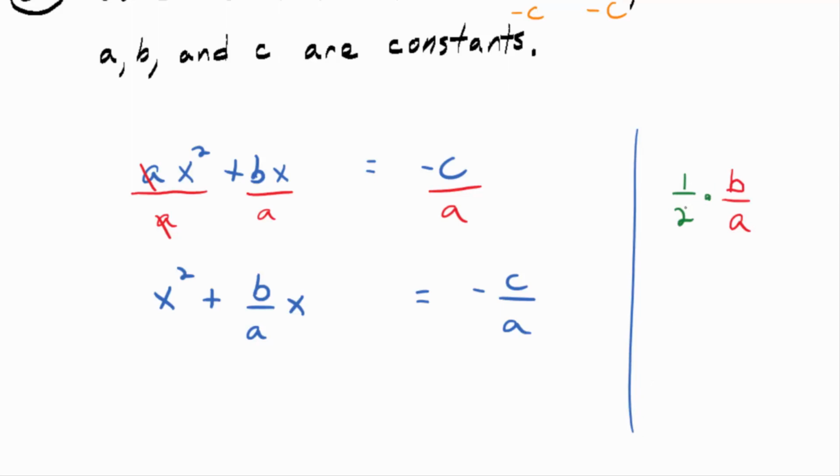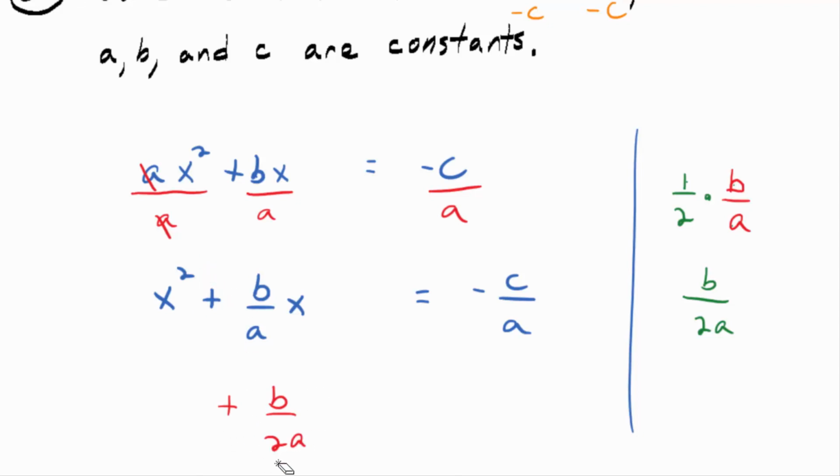How do you multiply fractions? You multiply straight across. So 1 times b is b on top, and 2 times a on the bottom, 2a. Since it's a plus here, you make it a plus b over 2a. Today I didn't have any examples with a minus here, but if it were a minus, you would put a minus in front of half the coefficient of x. You'll see an example of that tomorrow.